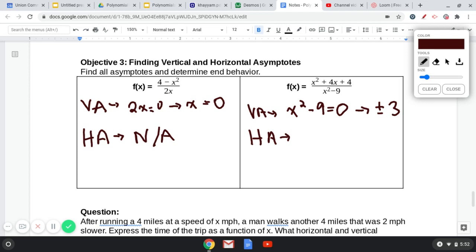And our degrees are the same. So it's actually the ratio of the leading coefficients, which are both 1 and 1. So we actually have a horizontal asymptote at y equals 1. I guess I should have written, we have a vertical asymptote at x equals -3 and x equals 3. So those are our asymptotes.